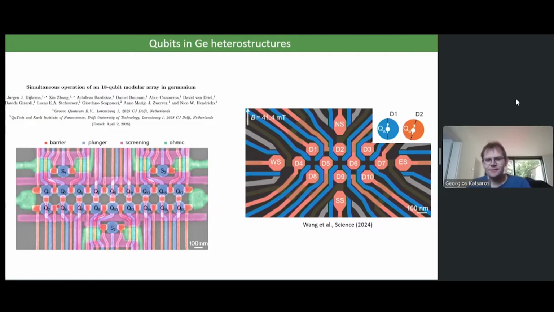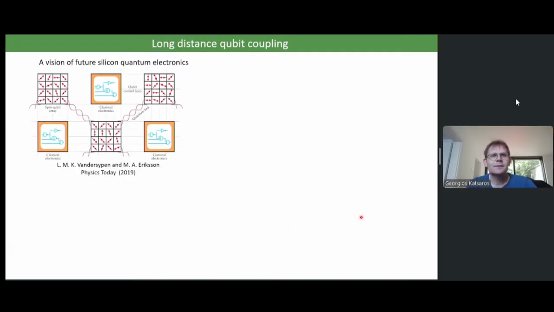So those are not entangled, but it's a demonstration that indeed germanium has the potential for scale up. And on the right side, I show you a recent work of the group of Menno Veldhorst, where they have 10 quantum dots, 4 charge sensors. And actually here, they operated their quantum processor by making use of the fact that in germanium, the spin quantization axes are different, and I will comment on that at the end of my talk.